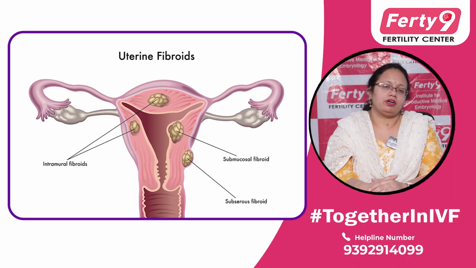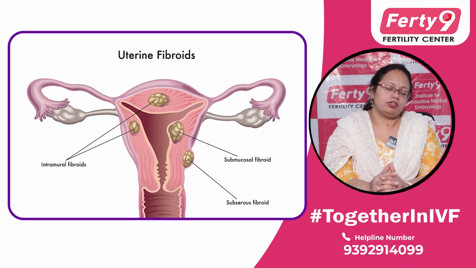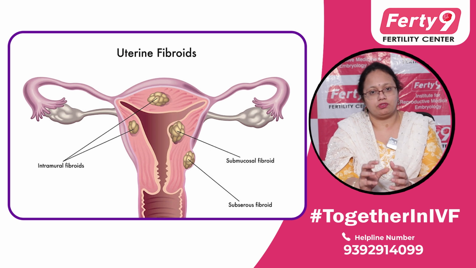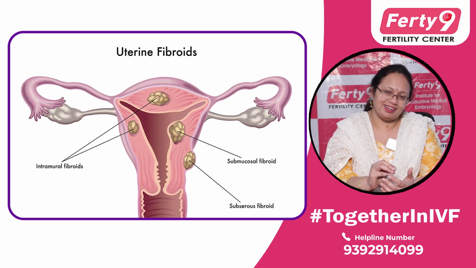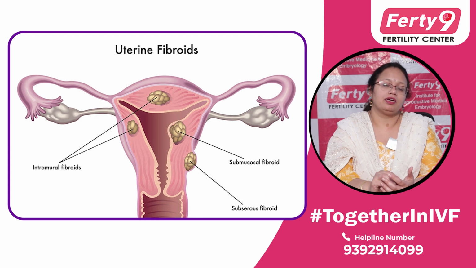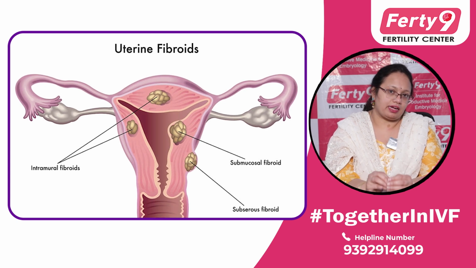So coming to infertility, the main fibroids which are associated with infertility are the submucous fibroids, means the fibroids which are inside the uterine cavity. So why these are most important is, when the fibroid is inside the cavity of the uterus, it affects the implantation.